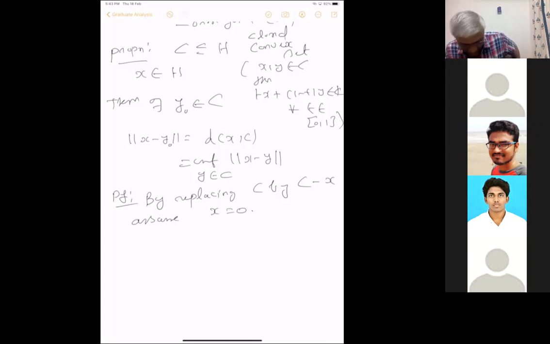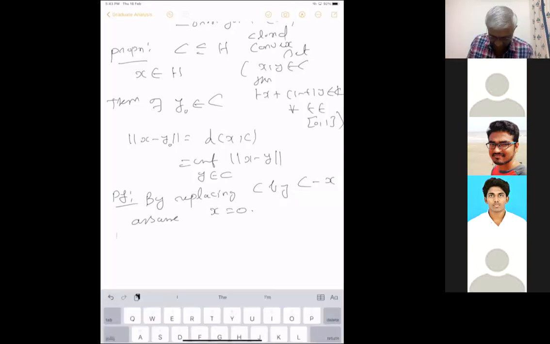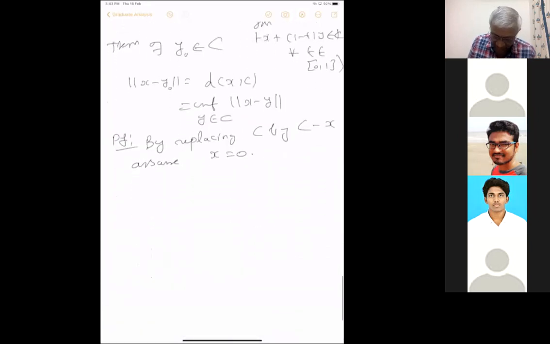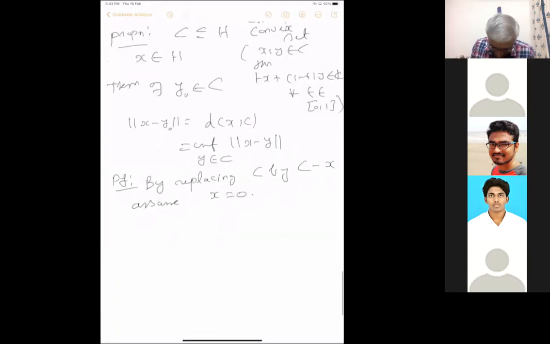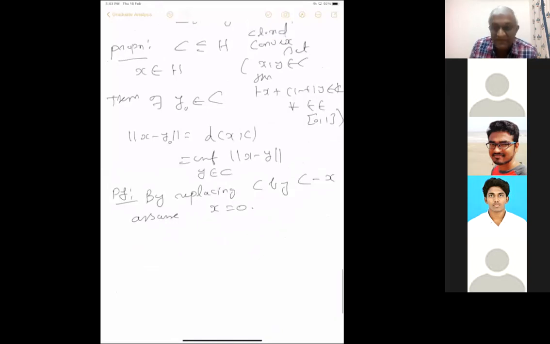If the minimum distance is attained from 0, then it is attained for any convex set, and in particular for C minus x also. So then you can find the minimal distance for C from x. So without loss of generality, we can assume x equal to 0. That's what I'm saying by replacing C by C minus x. I think this is okay.